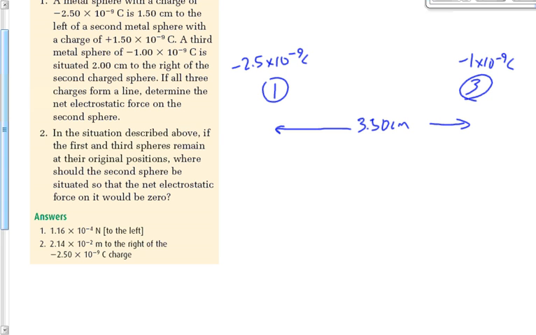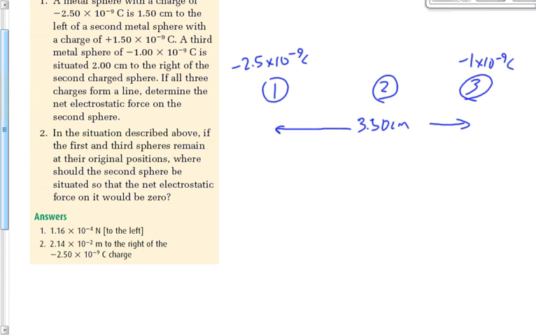Anybody want to take a stab roughly where it's going to go? In the middle, closer to the left, closer to the right? Why do you say closer to the right? Good. If you want the force of 1 on 2 and the force of 3 on 2 to balance, because charge 1 is a bigger value, it's going to have to be a bigger distance as well to balance the other force, right?